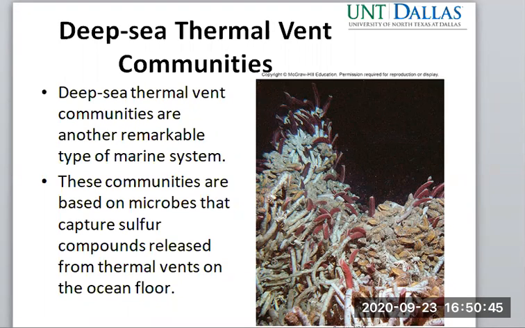Magma that's present below the ocean crust heats these vents. Tube worms, mussels, and microbes on the vents are adapted to survive both extreme temperatures, above 350 degrees centigrade, and intense water pressure at depths of around 7,000 meters.